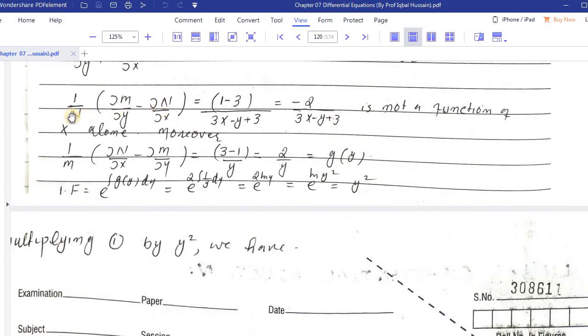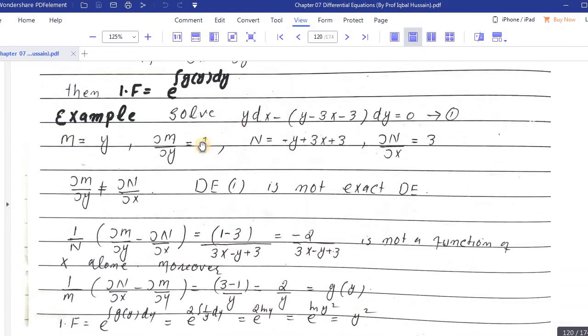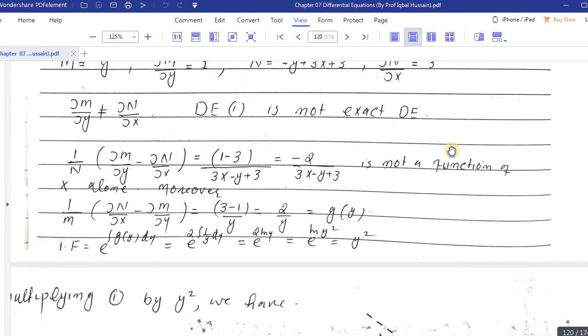This is the expression used in rule 3, putting in the values. This is the value of N, del M over del y minus del N over del x. Del M over del y is equal to 1, del N over del x is equal to 3, so we put these values.